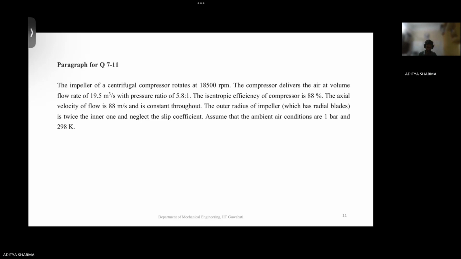Okay. Then the outer radius of the impeller, which has radial blades, is twice the inner one, and neglect the slip coefficient. So sigma you have to neglect.